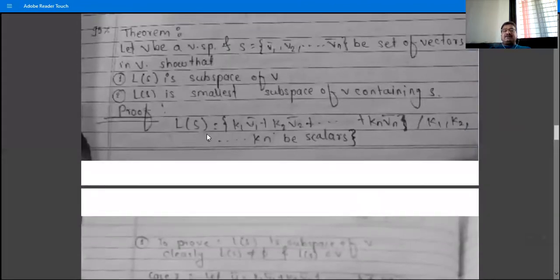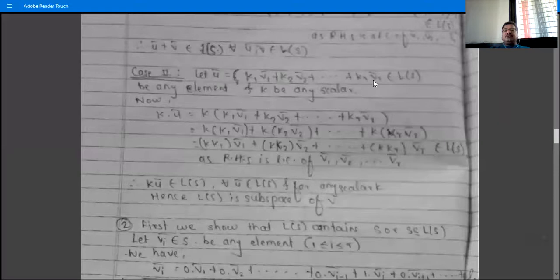Now we have to show that for any vector of LS and any scalar, their multiplication belongs to LS. So let U bar equal K1 V1 plus K2 V2 plus Kn Vn belonging to LS be any element, and K be any scalar.